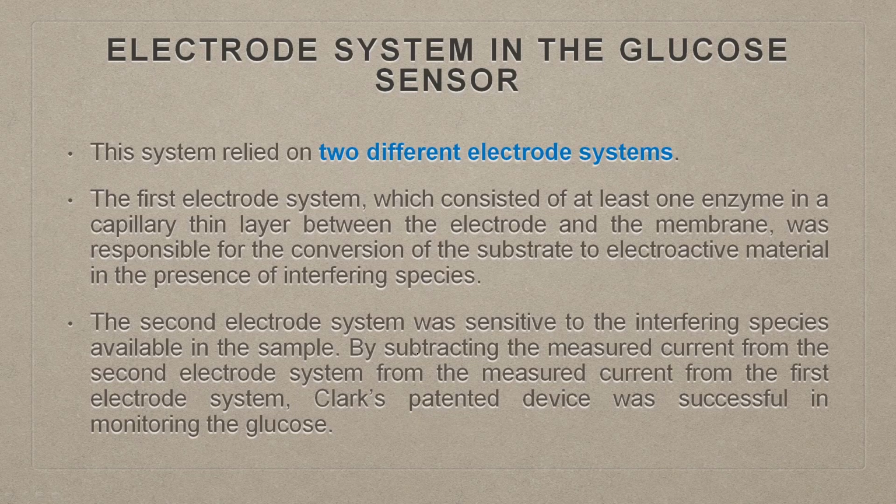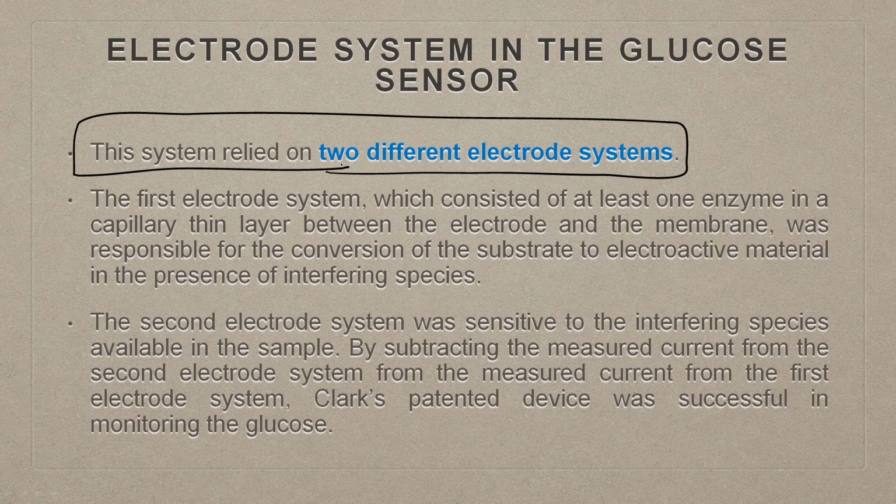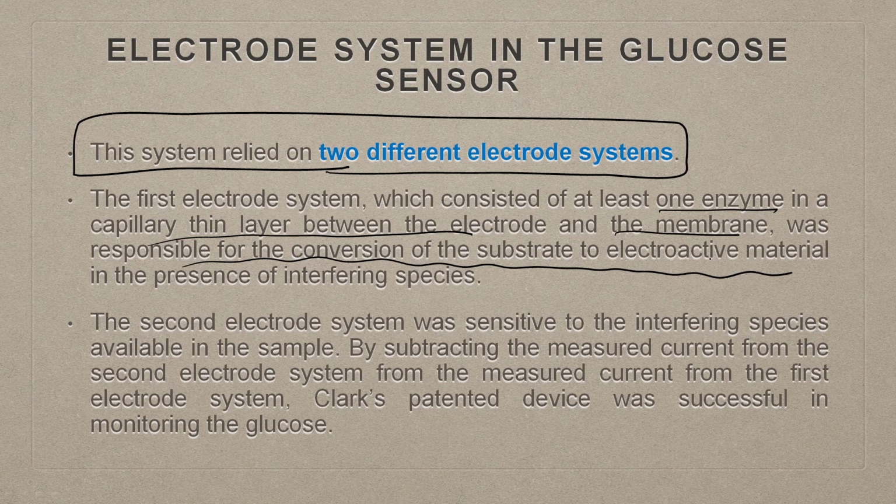Now, if we look at the different electrode systems in the glucose sensors, this system relied heavily on two different electrode systems. Primarily, the first electrode system, which consisted of at least one enzyme in a capillary thin layer between the electrode and the membrane, was responsible for the conversion of the substrate to electroactive material in the presence of interfering species.